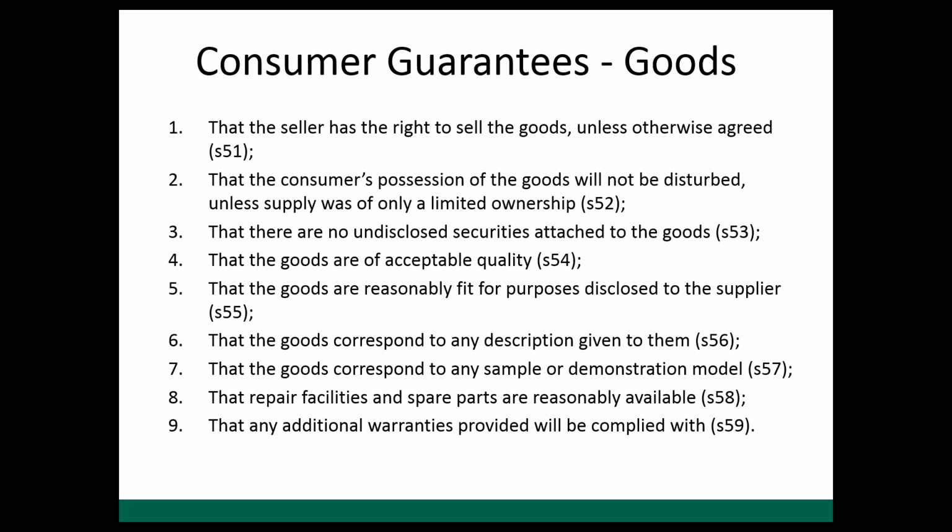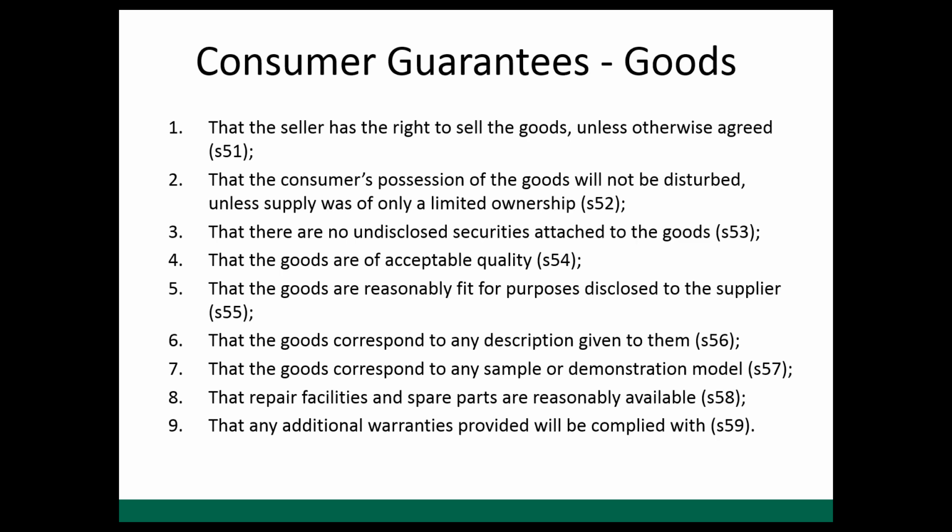They relate to the right to sell goods, that the possession is not disturbed, which means that they have the right to actually sell it. There's no undisclosed securities, say for a mortgage on a car or something like that.